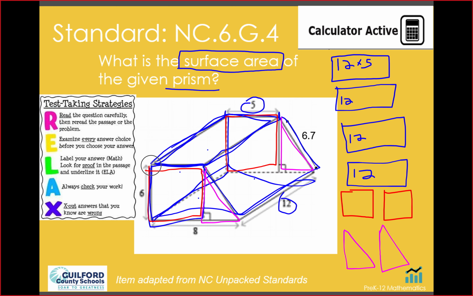Then I'm going to look at rectangle number 2, which is this one right here. And this is 12 by 6. There's a 6 right there. And then rectangle number 3, this rectangle down at the bottom, that base rectangle, is much larger than the other rectangles. It is 12 by 8.